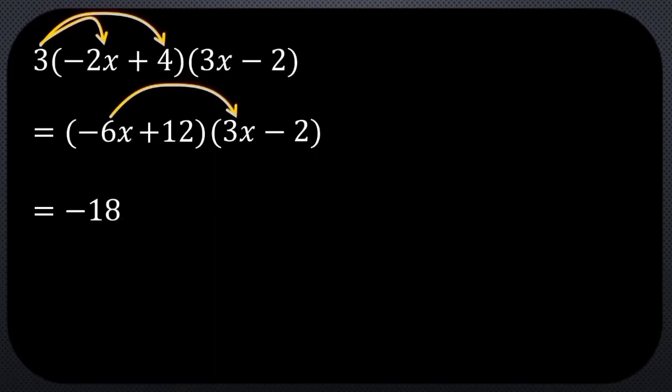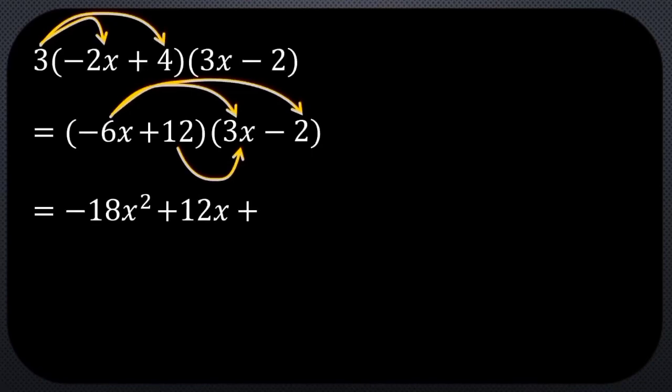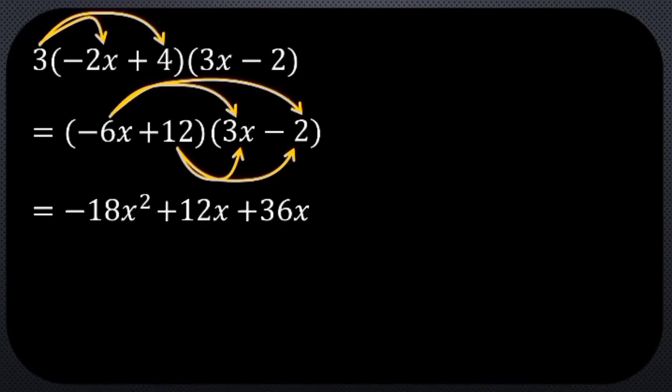X times x is x squared. Negative 6 times negative 2 equals positive 12. Times x gives 12x. 12 times 3 is 36. Times x gives 36x. 12 times negative 2 is negative 24.